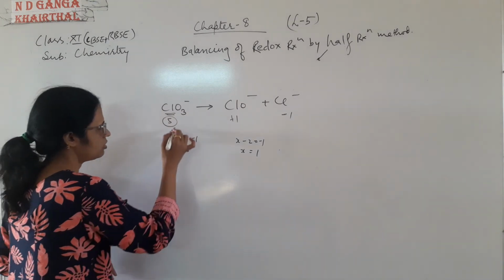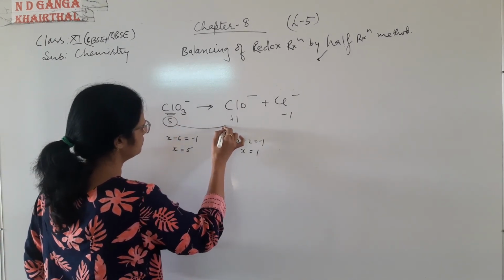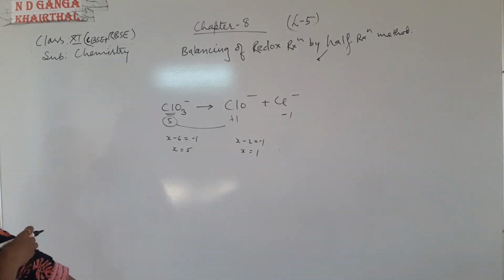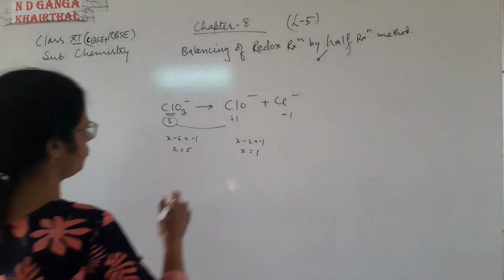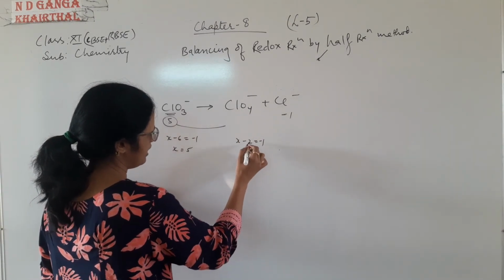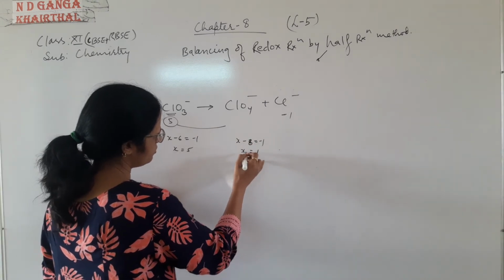Sorry, ClO3⁻ is converting into ClO4⁻. In ClO4⁻, x - 8 = -1, so x = 7.